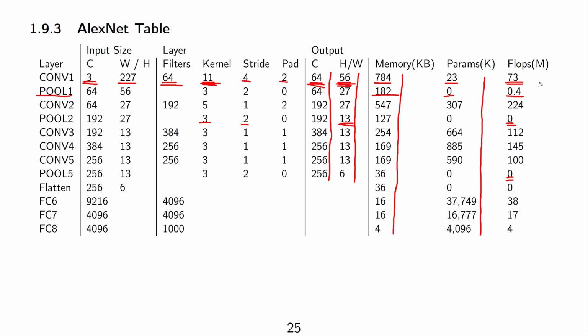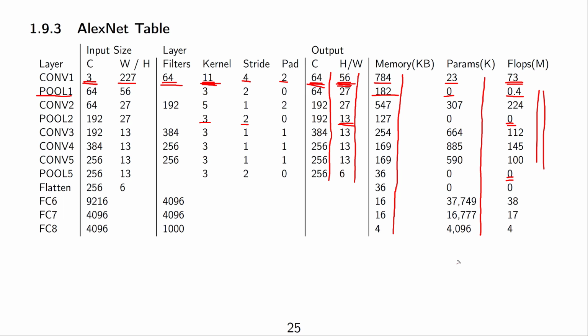For the flops, the computation, we see that most of the work is done somewhere here in the convolutional layers. So if we think about the contrast of convolutional layers and linear layers, we could say that the fully connected layers dominate the number of trainable parameters, but the convolutional layers dominate the memory consumption and the actual computation.